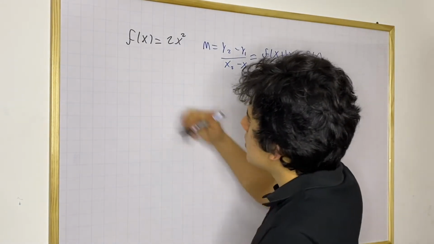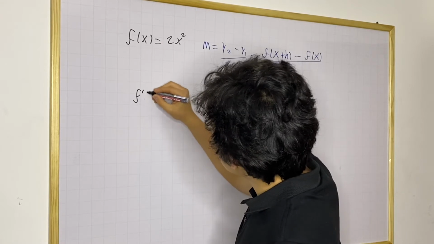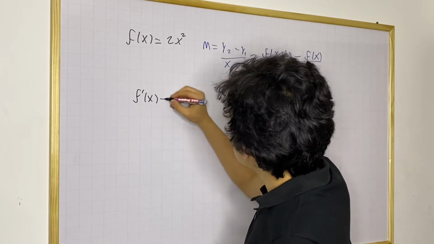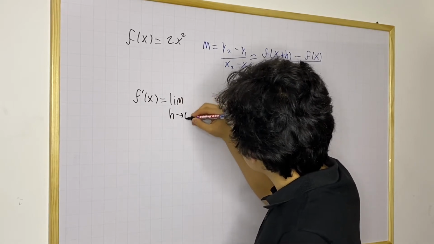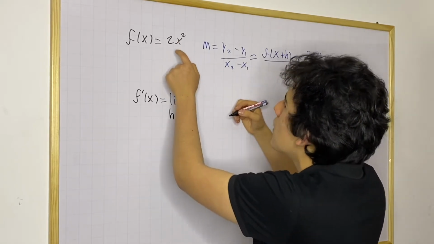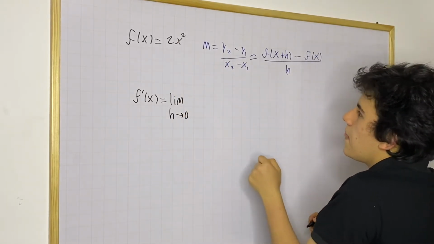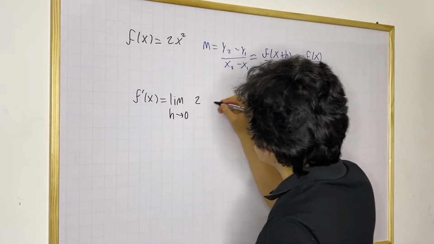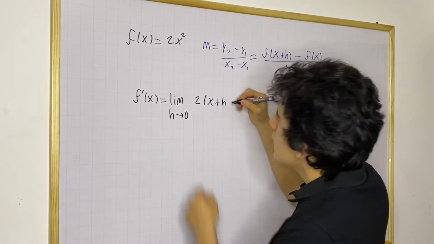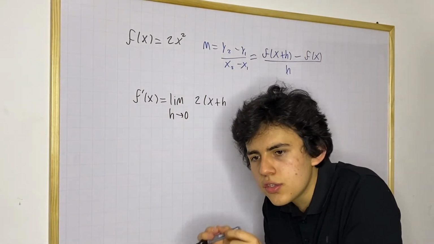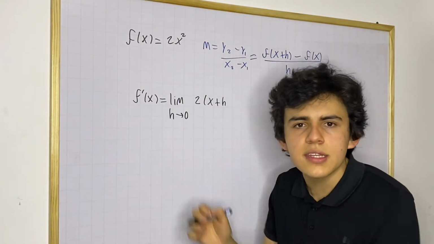So let's do it. We would have that f prime is going to be equal to the limit as h is approaching 0 of the function, so we have 2 times x plus h squared. The input that you have, you're just going to add just a little bit to that input.